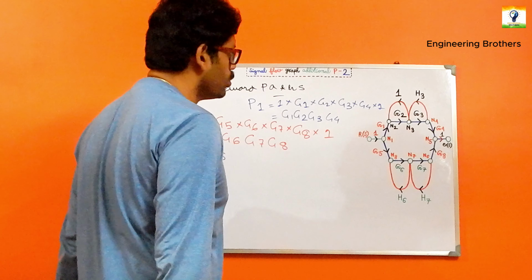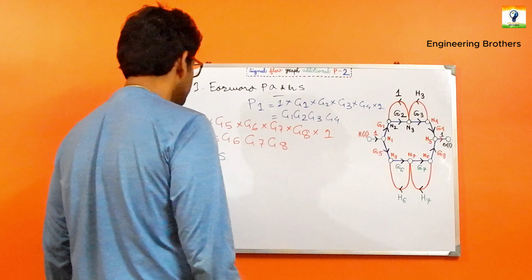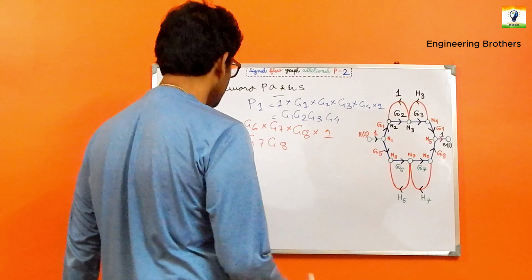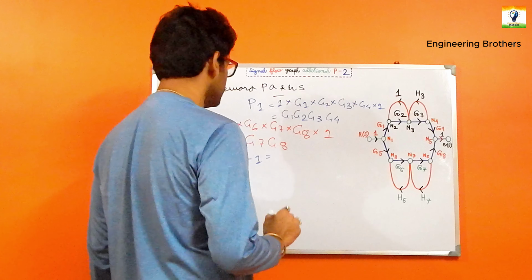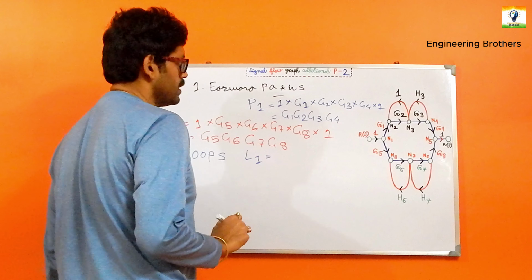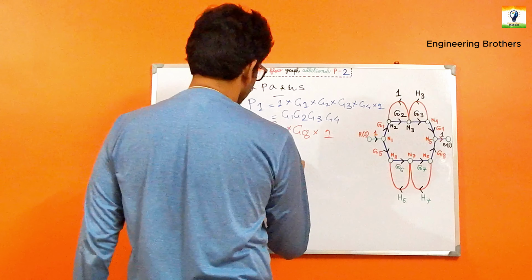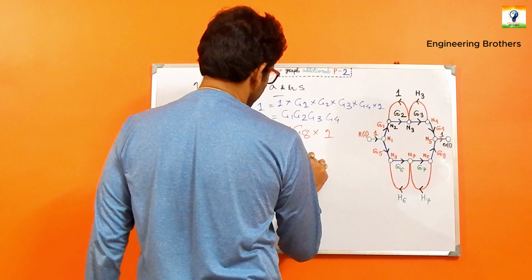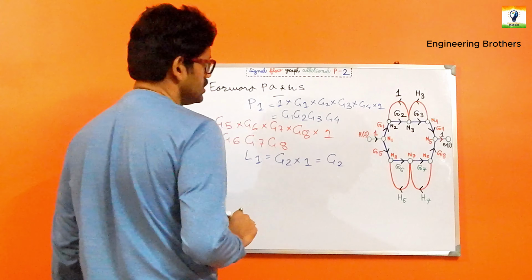That is the definition of our loop. Now, you can see that we have got our 4 loops over here, and I'm just going to write down the individual loops, or what is the individual loop gain for that considered part. This one is G2 multiplied by 1, which actually gives us the first loop as G2.